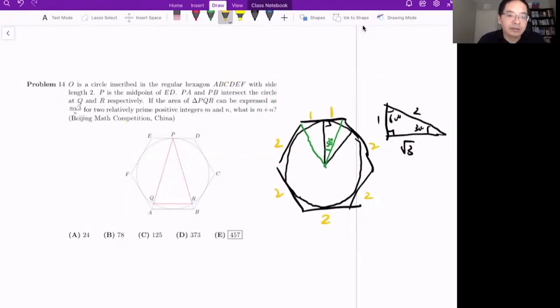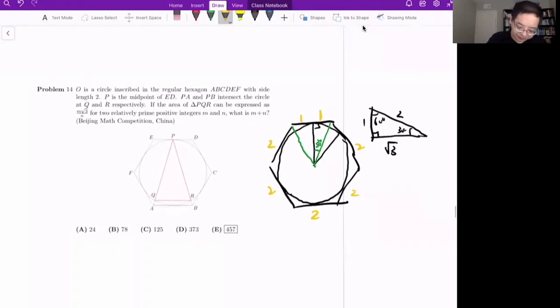Problem number 14. Here we have a circle that is inscribed inside a regular hexagon. We need to find the area of this red triangle. What we know is the side length of the regular hexagon, that is 2. Then we know this angle is 30 degrees, and this is 90 because it is a tangent.